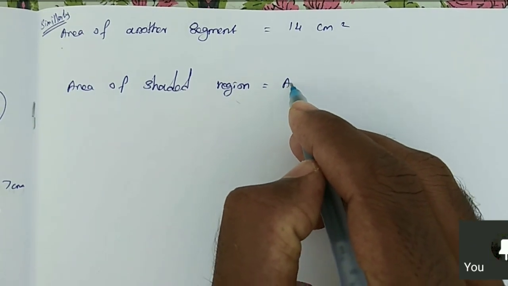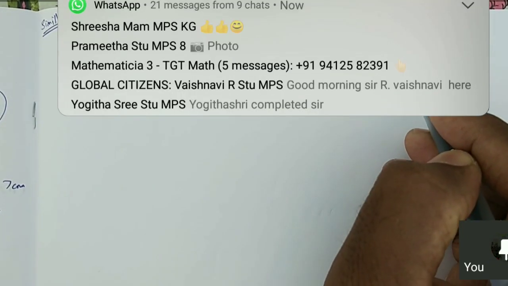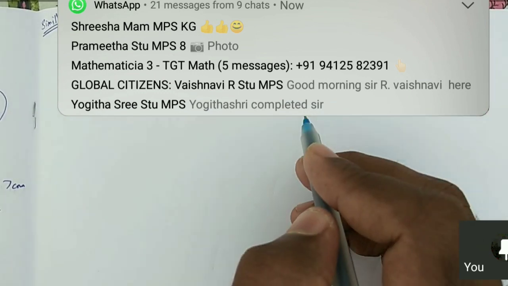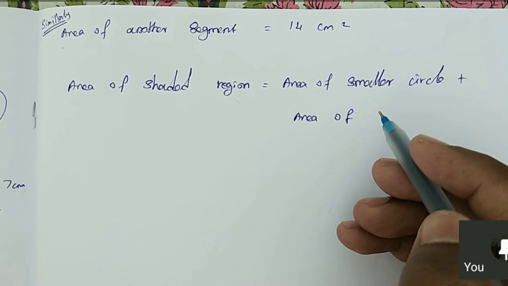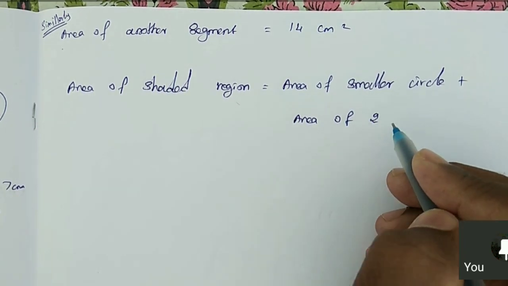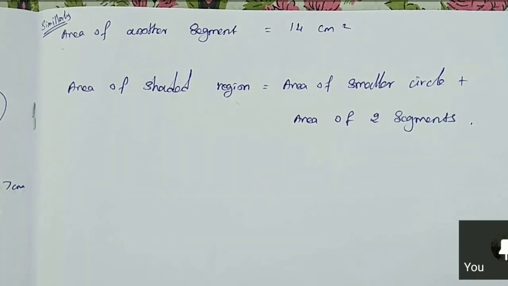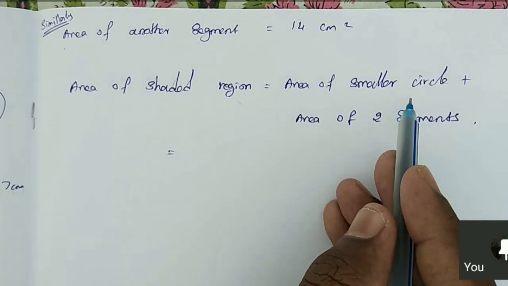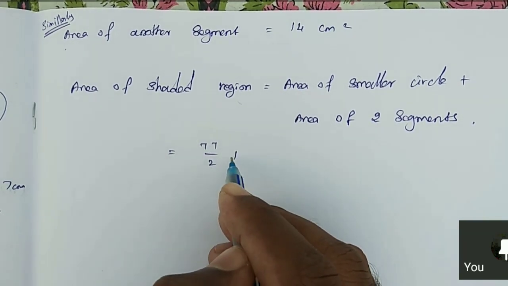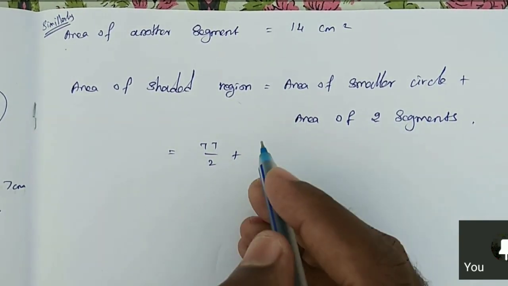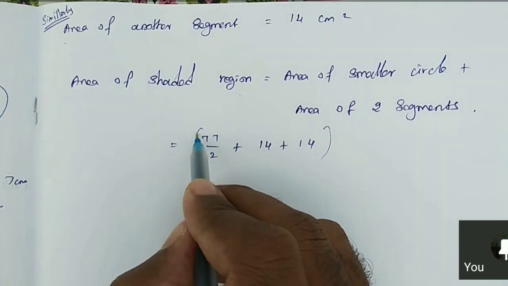So area of smaller circle plus area of two segments, right? So what is the area of the smaller circle? 77 by 2. 77 by 2 plus 2 segments, so 14 plus 14. Clear?